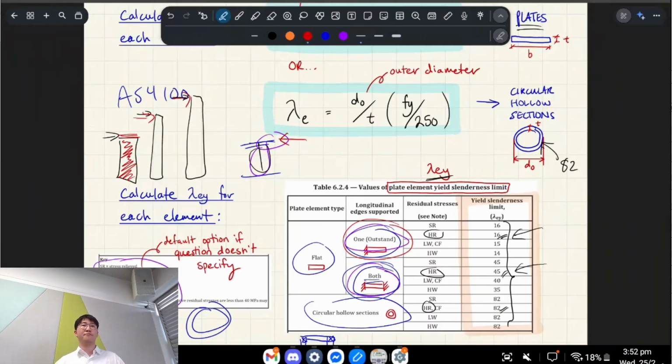So wouldn't it be better to choose circular? They're more expensive to manufacture. Yeah, it's a good question though. But they're prettier as well. Architects like to have circular hollow sections sometimes because it's a prettier column or whatever.